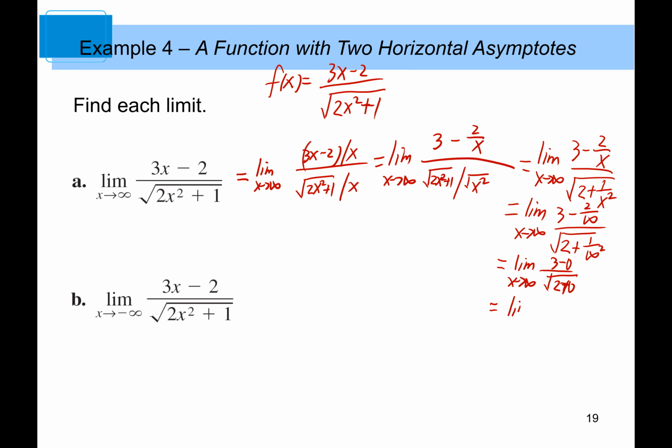So the result is 3 over radical 2. If you rationalize this, you need to multiply both top and bottom by radical 2. You get 3 radical 2 over 2. Okay.